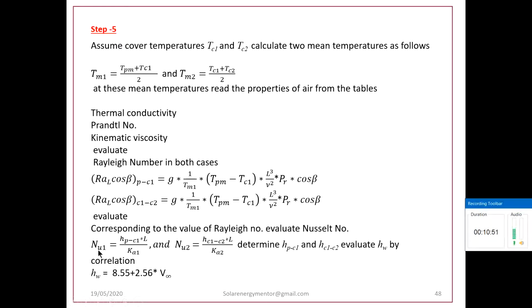So the Nusselt number is known, Ka is known, L is known. So HPC1 and HC1C2 can be determined.